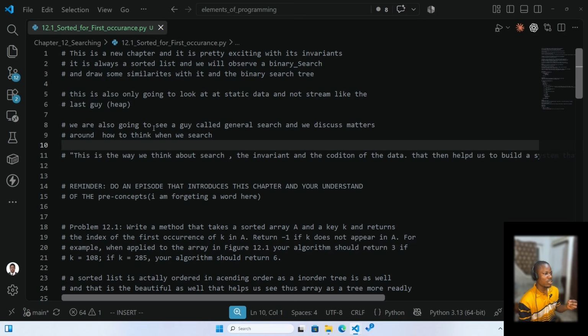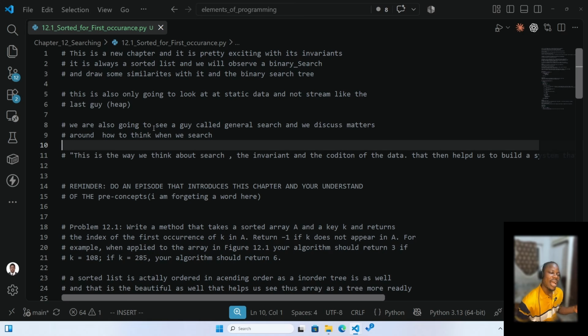General search is not talking about maybe use heap, don't use heap. It's talking about using what is most necessary from information about the question to search out specific things. An illustration that resonates with me is this question: when we get into it, we talk about finding the first occurrence of a problem, not an occurrence of the problem, but the first occurrence.